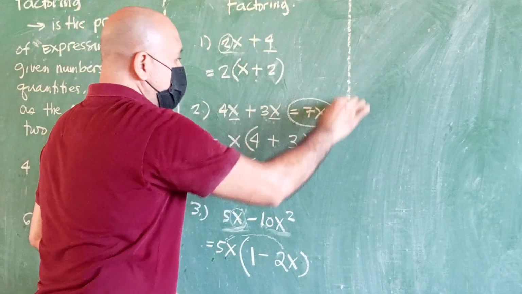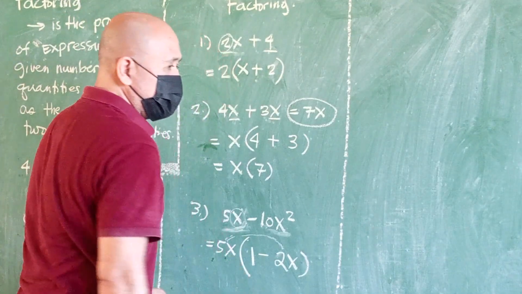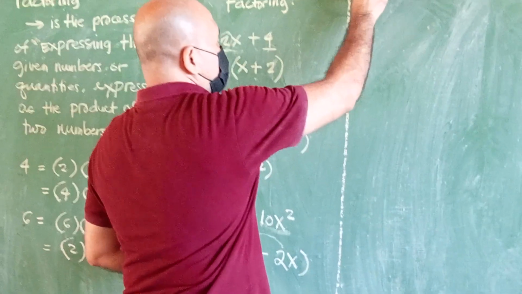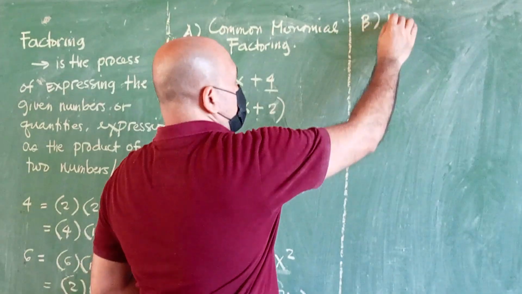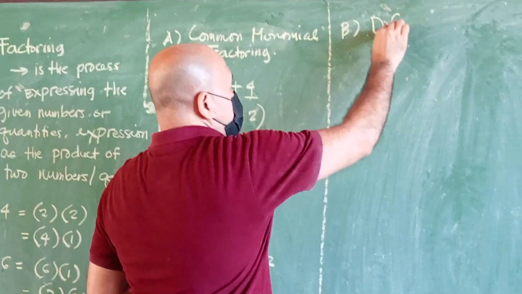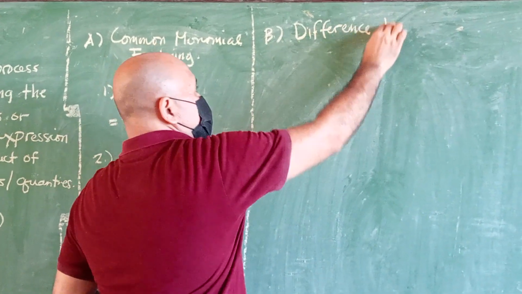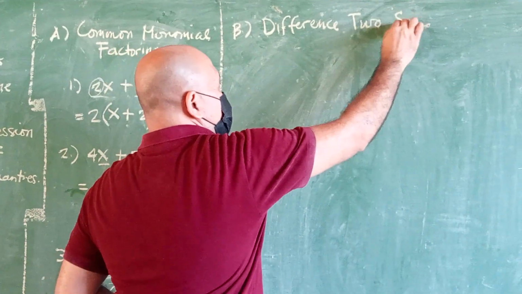So after the common monomial factoring, let's proceed to the second type of factoring. We have difference of two squares.